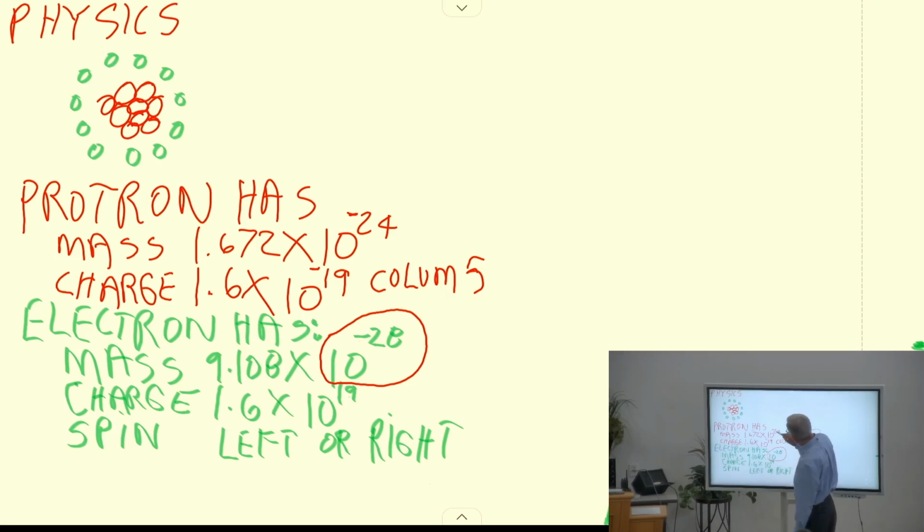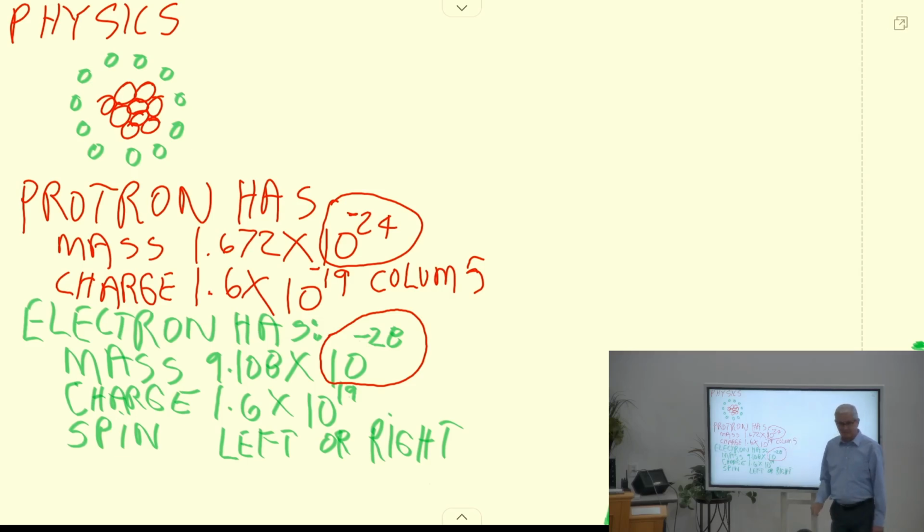And look at the mass of the proton. It's only 10 to the minus 24th. So the electron is 10,000 times lighter, four orders of magnitude. You see what I'm saying? So these electrons, as far as mass, are 10,000 times lighter than a proton.